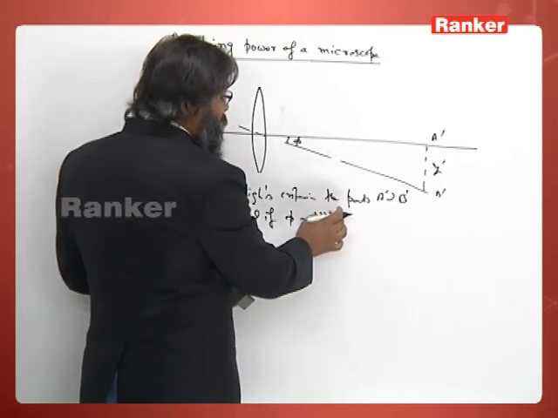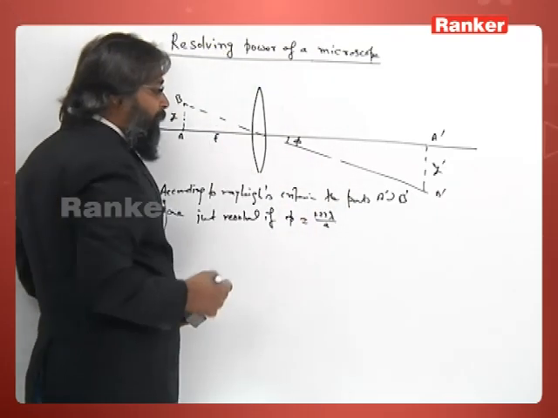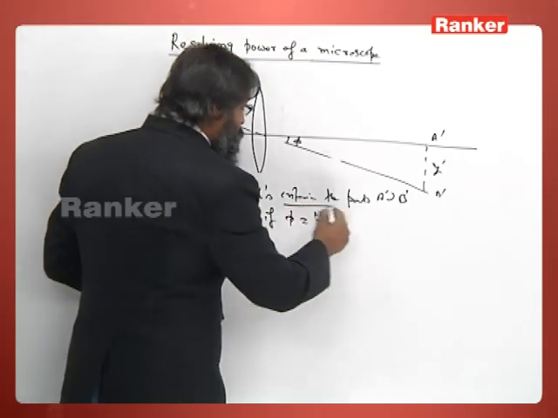So simply phi is 1.22 lambda by A, where A is the diameter of this lens. This is according to Rayleigh's criteria.